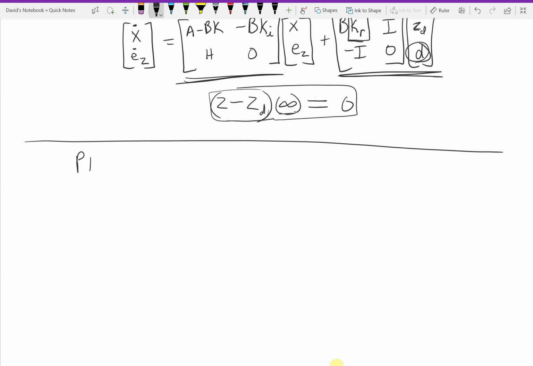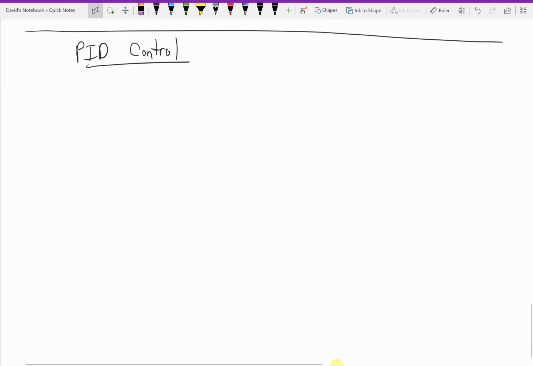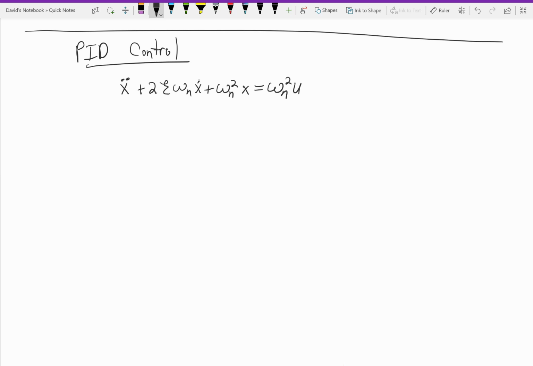Okay. Let's consider a variant of this integral control strategy called PID control. And in order to do this, we will assume that our system is a second order system like we talked about last week. So it will look like that.